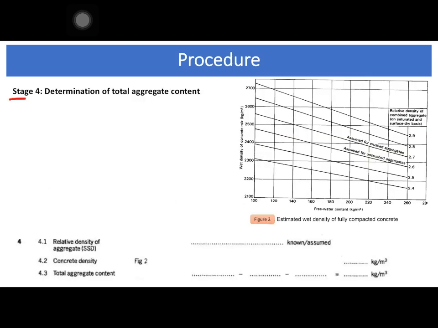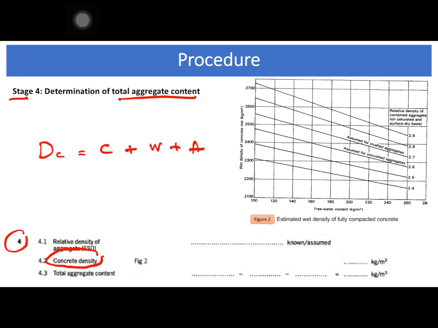Next stage is to determine the total aggregate content. How do we determine it? Here, at stage 4, we need to determine the concrete density. The concrete density is given by the weight of cement plus the weight of water plus the weight of the aggregate.